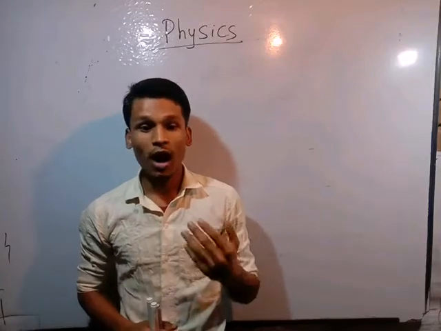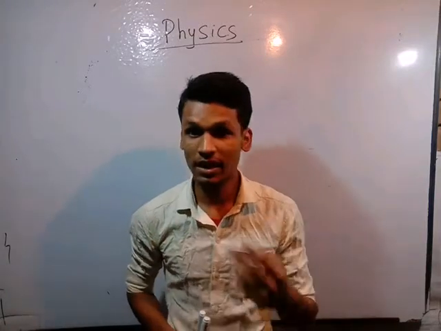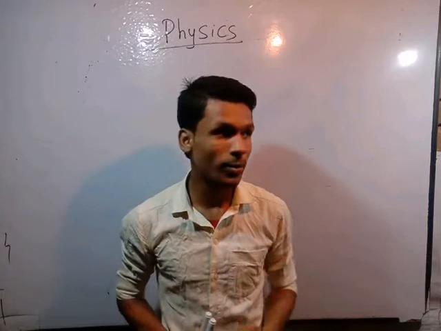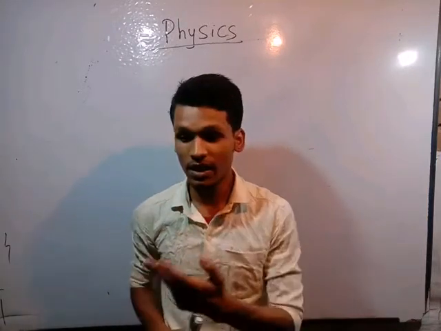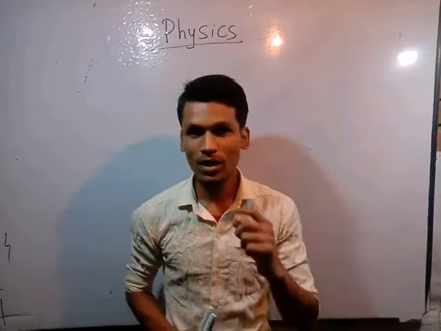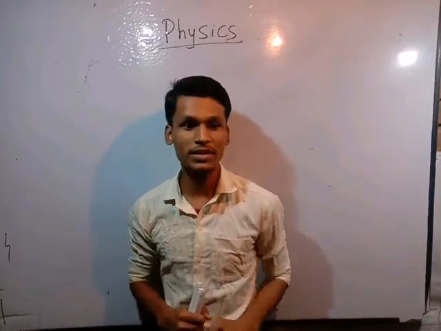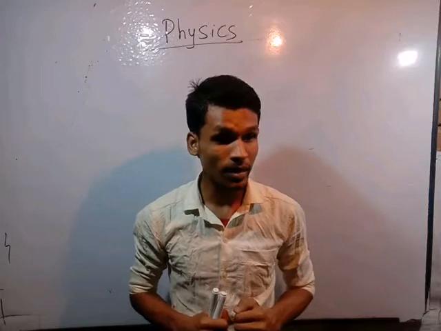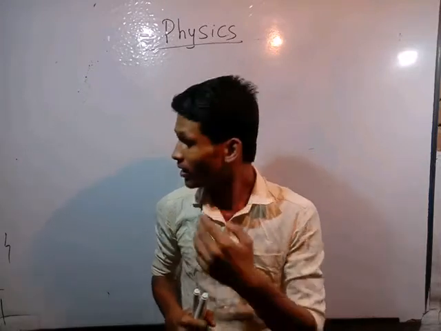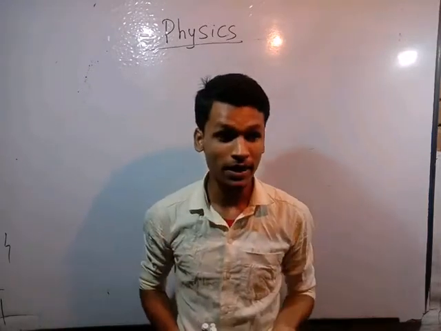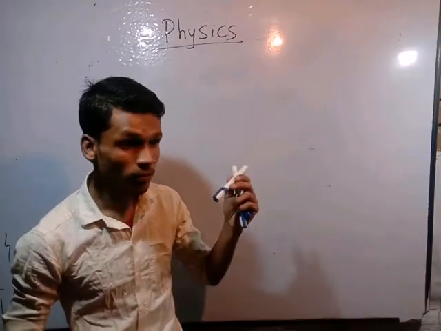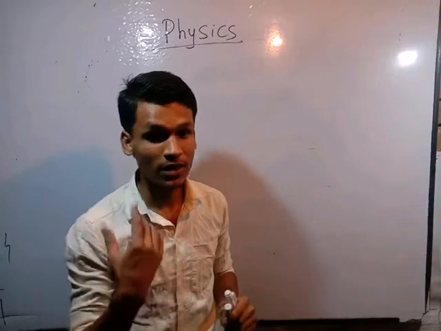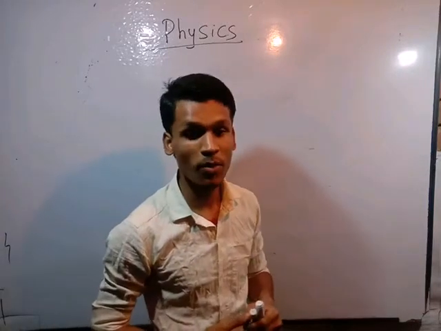Now, how many types of frame of reference? There are two types of frame of reference. First, inertial frame of reference. Second, non-inertial frame of reference. First type, inertial frame of reference, is the frame of reference where rest and motion is applied. Means any object is at rest or moving with uniform velocity, then we say that it is an inertial frame of reference.